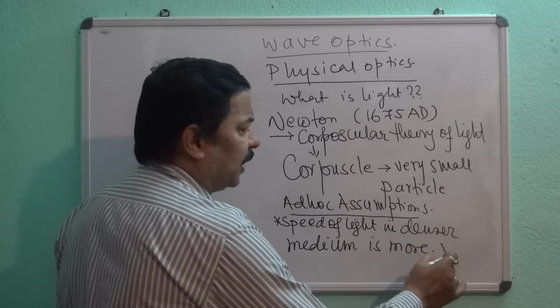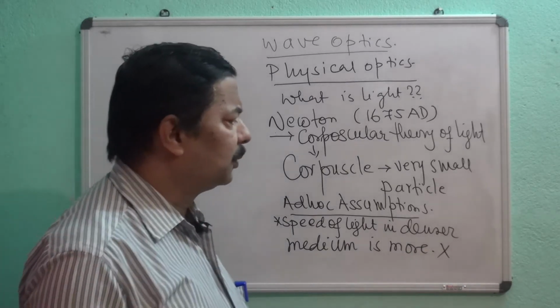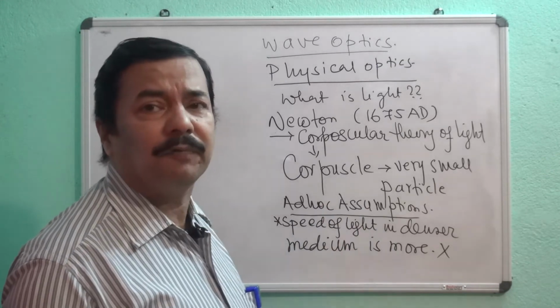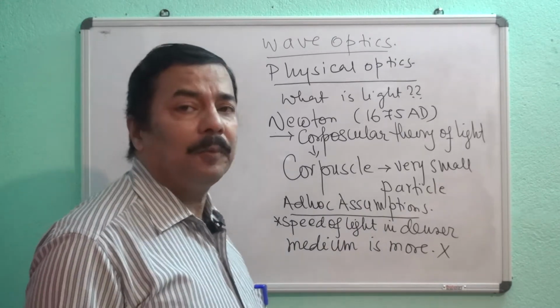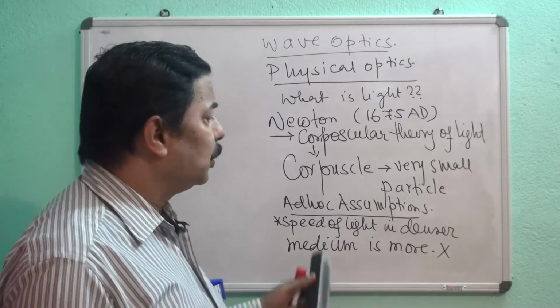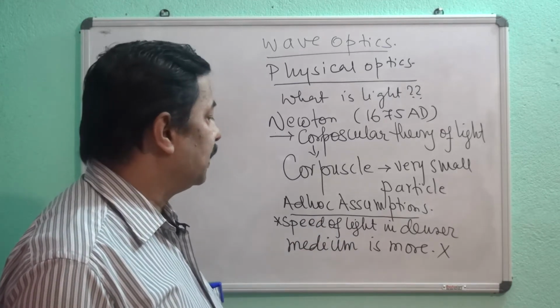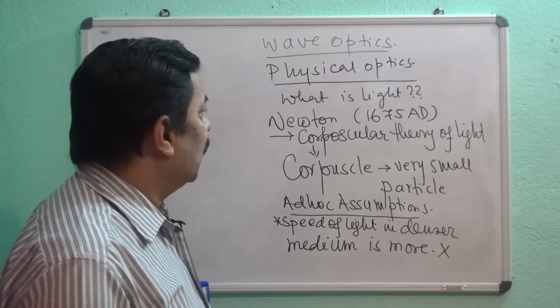Now this was incorrect. Later on it was proved that it was incorrect, but at that time, for the explanation of various different phenomena, Newton assumed that the speed of light in a denser medium is more.